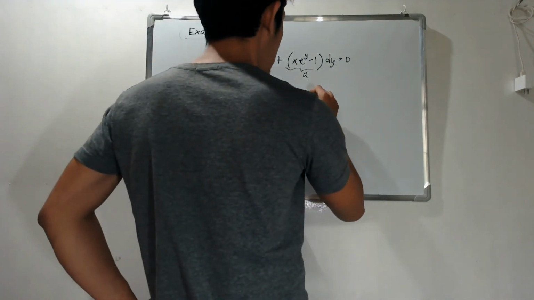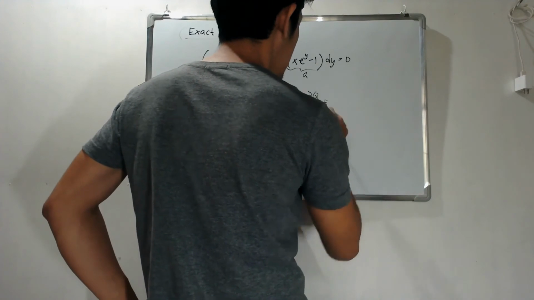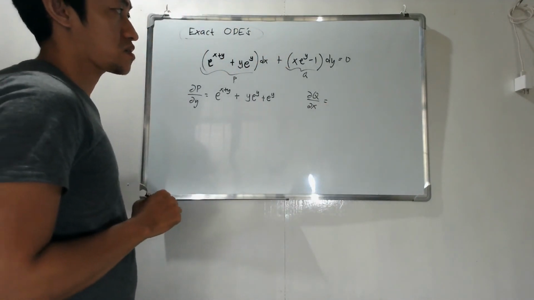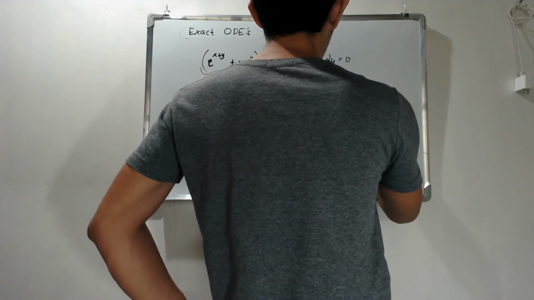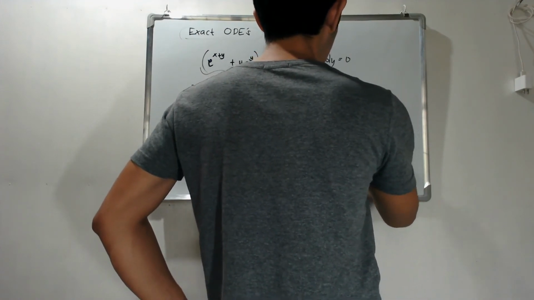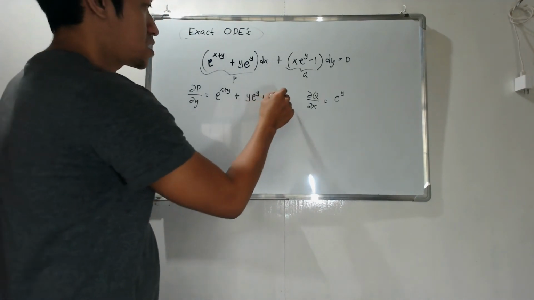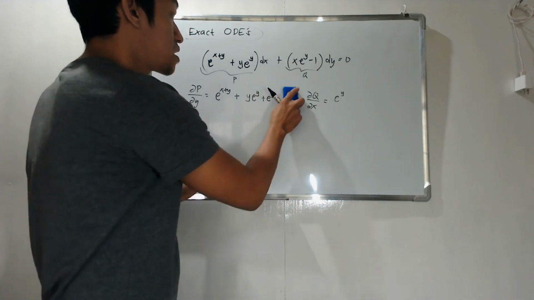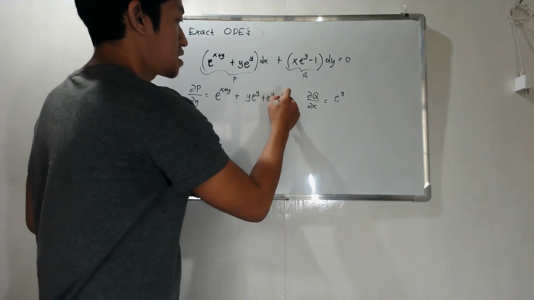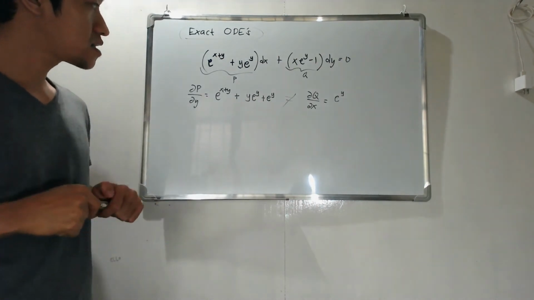And then partial of Q with respect to x is equal to e to the y. Okay? So they are not equal, they are not exact.